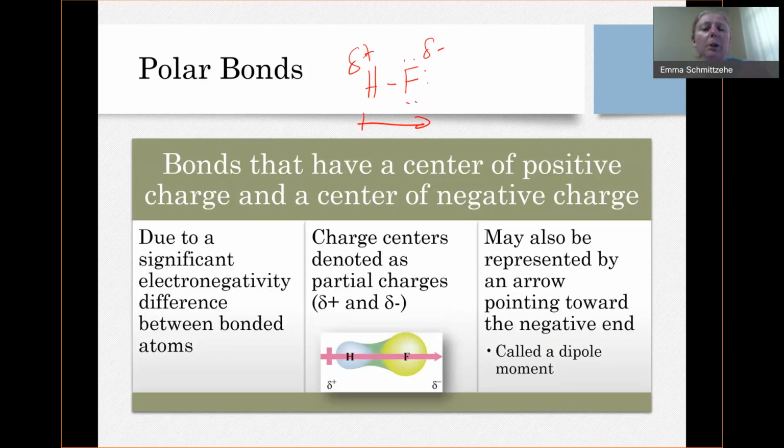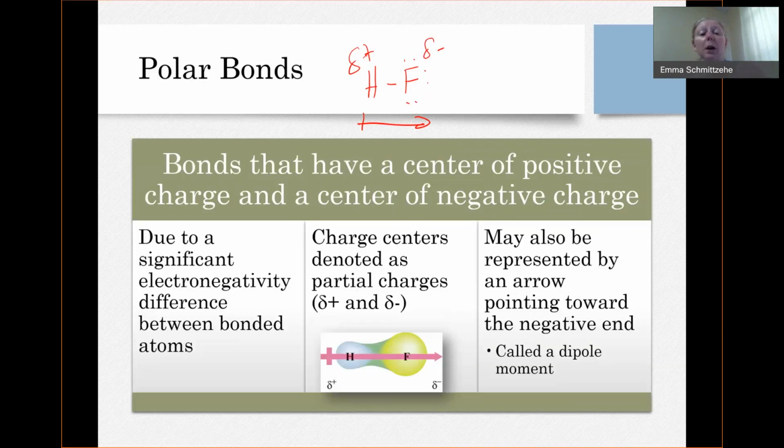When we draw those arrows, usually we call that a dipole moment, okay? And something with a dipole moment is polar. So if you just have two atoms bonded together, and that bond is polar, then that is a polar molecule. But when we start putting together more than two atoms, now we have multiple bonds.